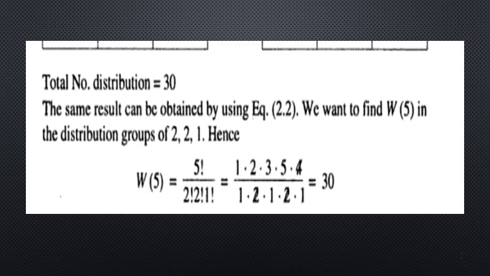Now it can be solved numerically by using equation 2.2. We want to find W5 in the distribution group of 2, 2, 1.